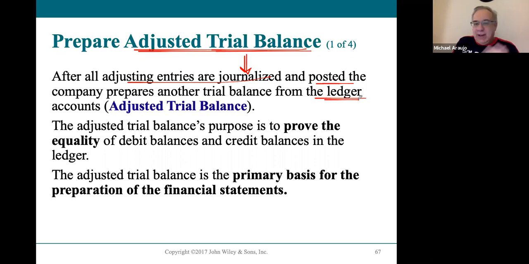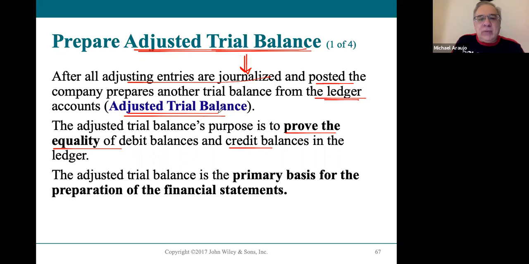So supplies and supplies expense have new balances. Prepaid insurance and insurance expense have new balances. We have to make sure that all the debit and credit balances still balance after those adjustments. And that's all the adjusted trial balance tells us.